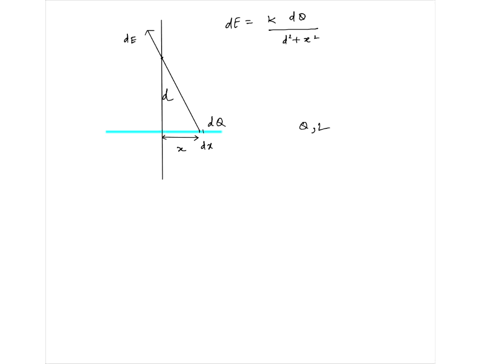Now, we cannot integrate this because dE is a vector. When you look at other dq's, you will find these in all other directions. If these are in several directions, how would they add like real numbers?